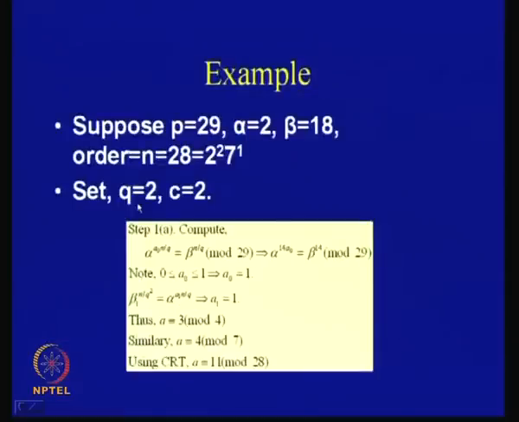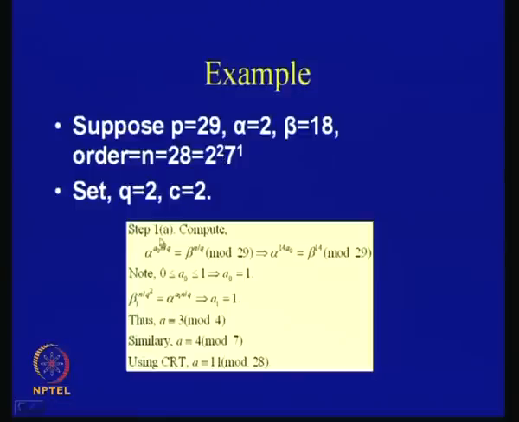Let us consider a very simple and small example like p equal to 29, alpha is equal to 2 and beta is equal to 18. The order n in this case is 28, because p is the prime value and the order is 1 less than the prime value. So, the prime factors are 2 squared into 7 to the power of 1, 4 into 7 is 28, and you set the value of q equal to 2 and c equal to 2 because that is your first prime value and the first exponent.